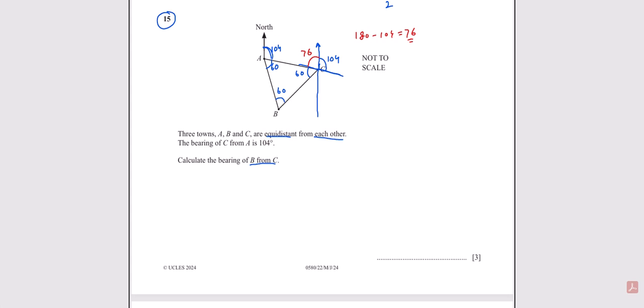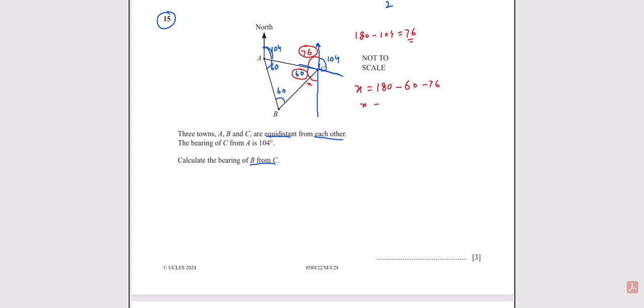Okay, and now say that this angle is x. Calculate this angle x. x is equal to 180 minus 60, this angle, minus this angle.